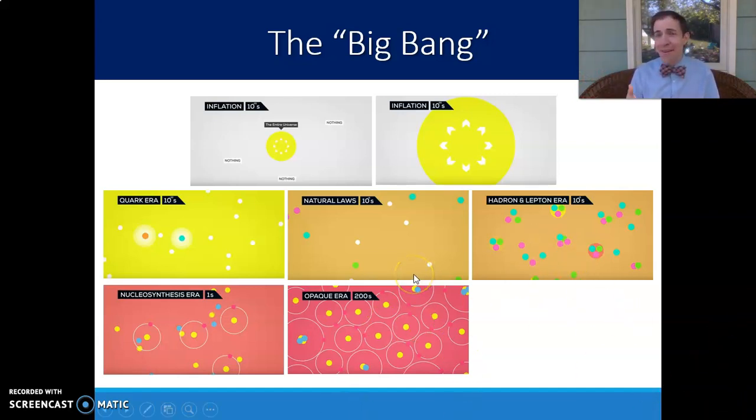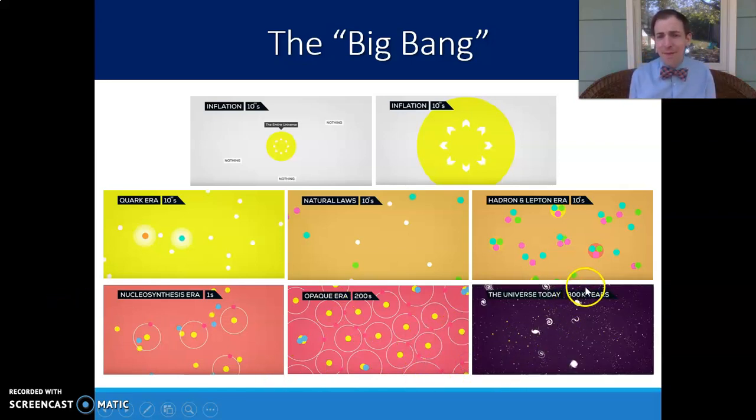So you couldn't have light travel through space, which meant you couldn't really see anything, because there was nothing to see, and there was no way that light could travel through. So it's known as the opaque era. Now, that lasted for a long time. Light wasn't able to really escape until about 300,000 years after that Big Bang.